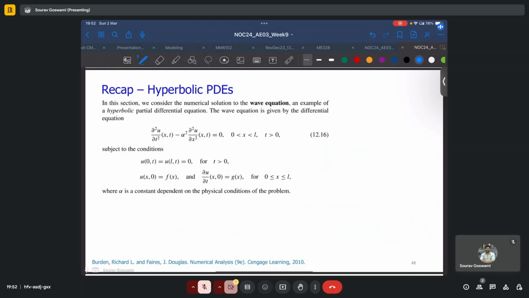That is, the displacement at the two ends of the string is 0, and u at x comma 0 is some function f of x, that is, the string has some initial shape, along with the condition on the velocity, del u by del t at x comma 0 equals g of x. So the string had some initial shape and some initial velocity. The constant alpha in this case will depend on the physical conditions of the problem.